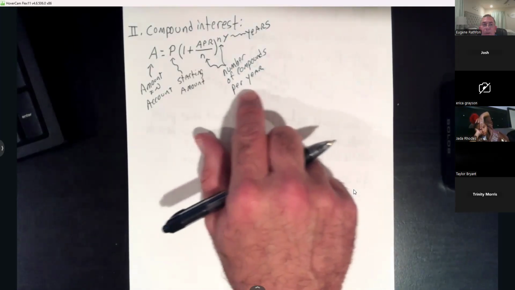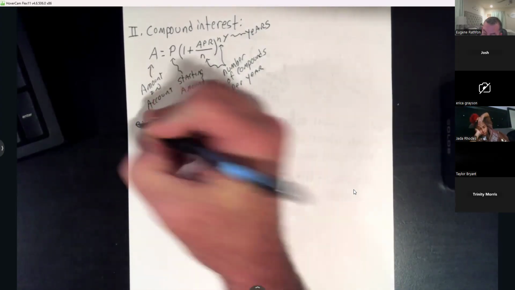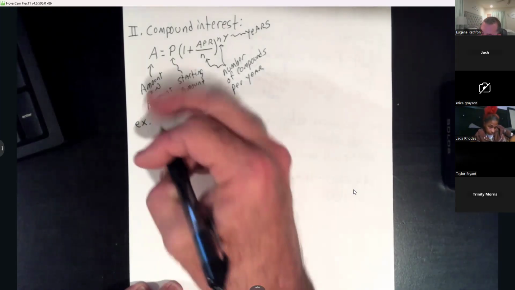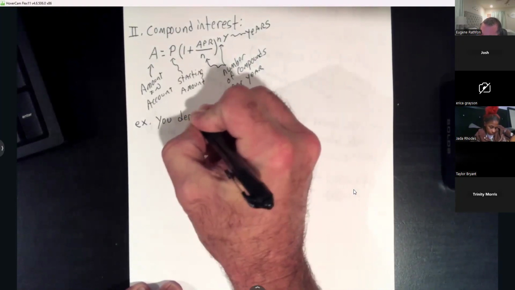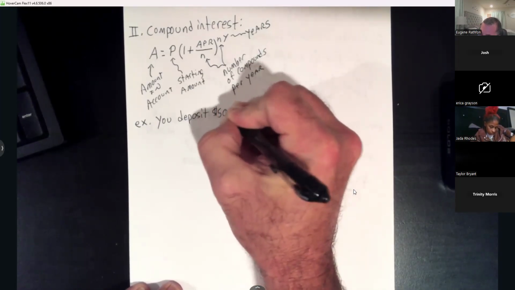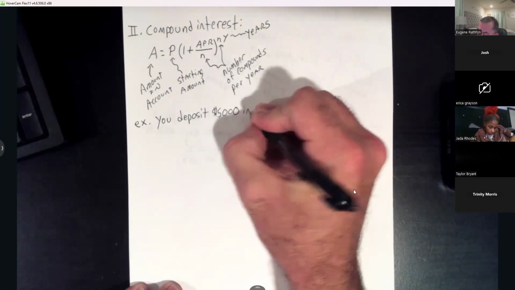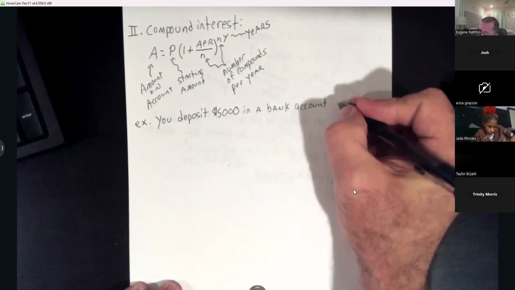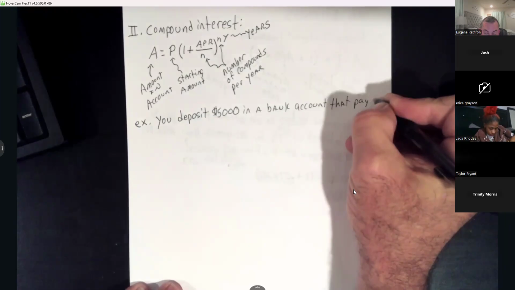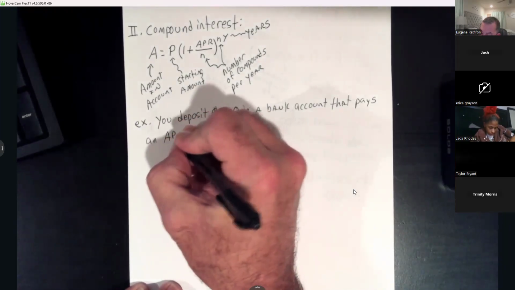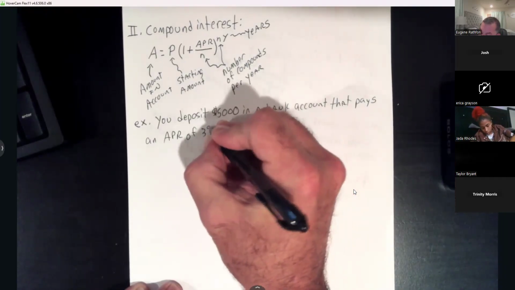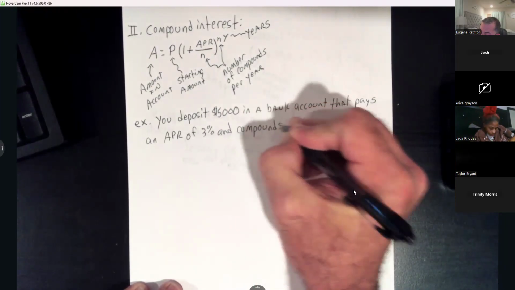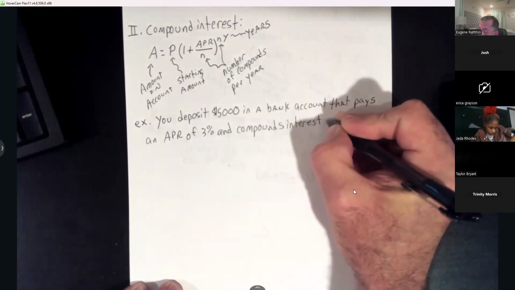All righty. So let me show you an example of this one. All right, y'all. So on this one, you deposit 5,000 in a bank account that pays an APR of 3%, and it compounds interest monthly.